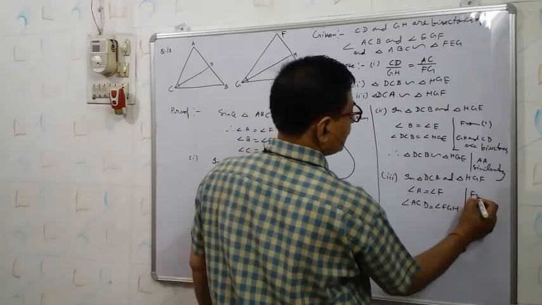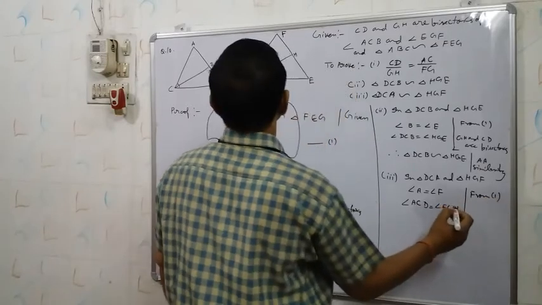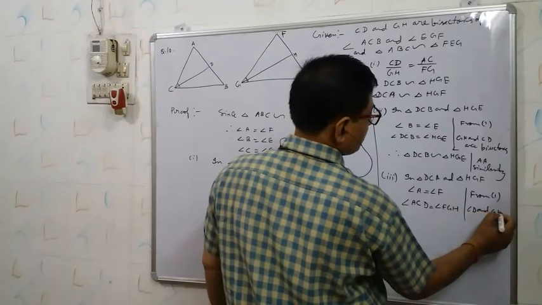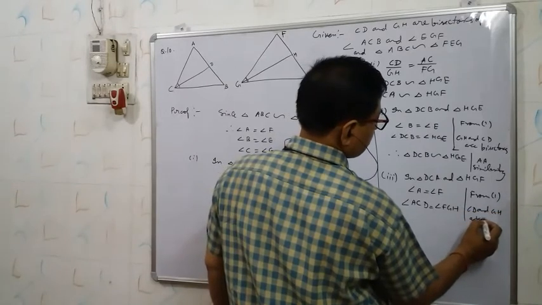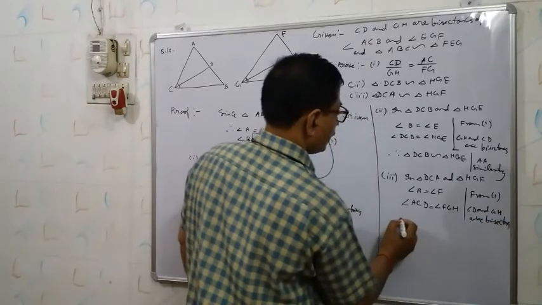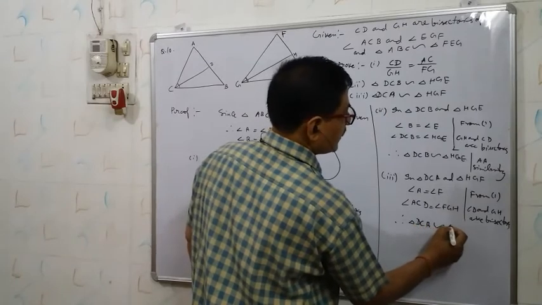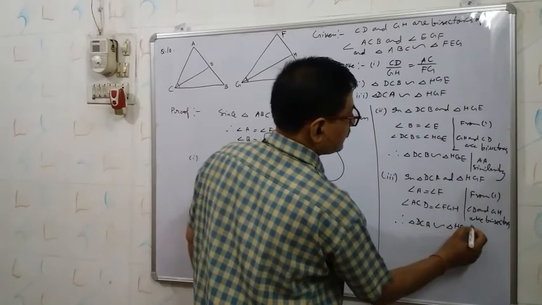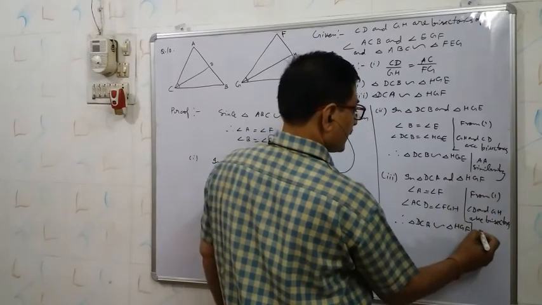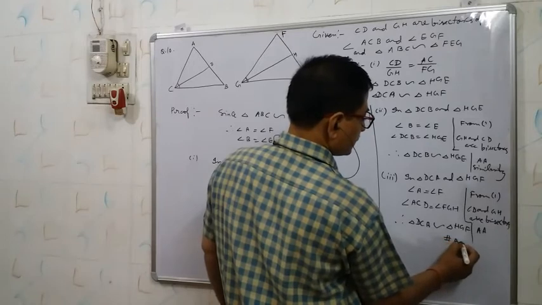This is from 1, and because CD and GH are bisectors, therefore we can write triangle DCA is similar to triangle HGF by double A similarity. Hence proved.